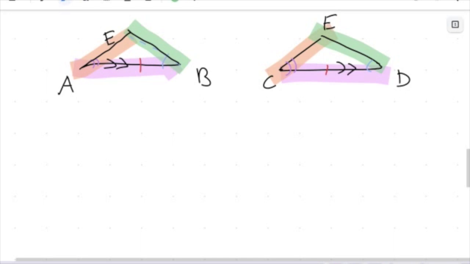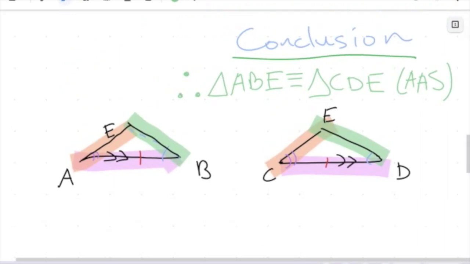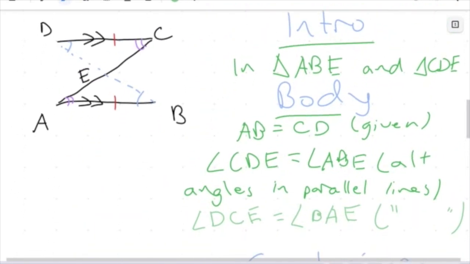Now let me mark this on my original image I had. So I'm going to mark that this side EA is the same as EC. So the side EA, this one here, is the same as EC. I'm going to write that in.